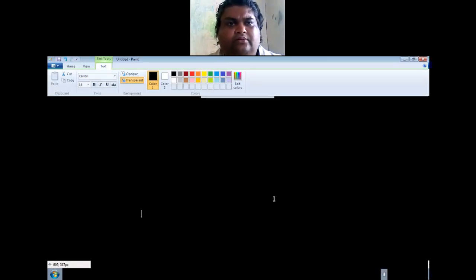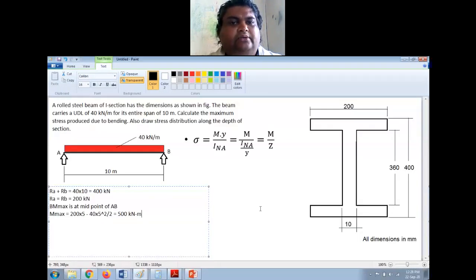Sorry, this is the maximum bending moment which is applied on this particular beam, and we have to calculate the stress induced in this beam because of this bending.